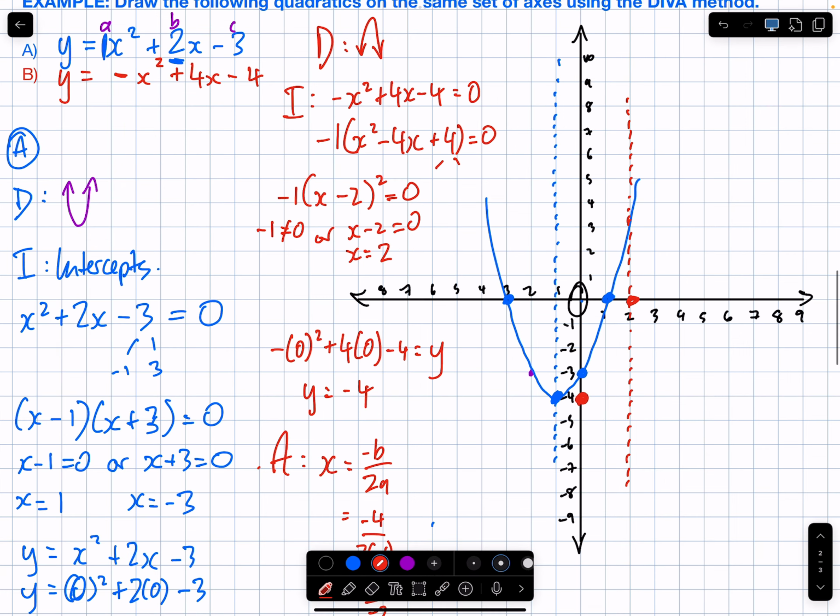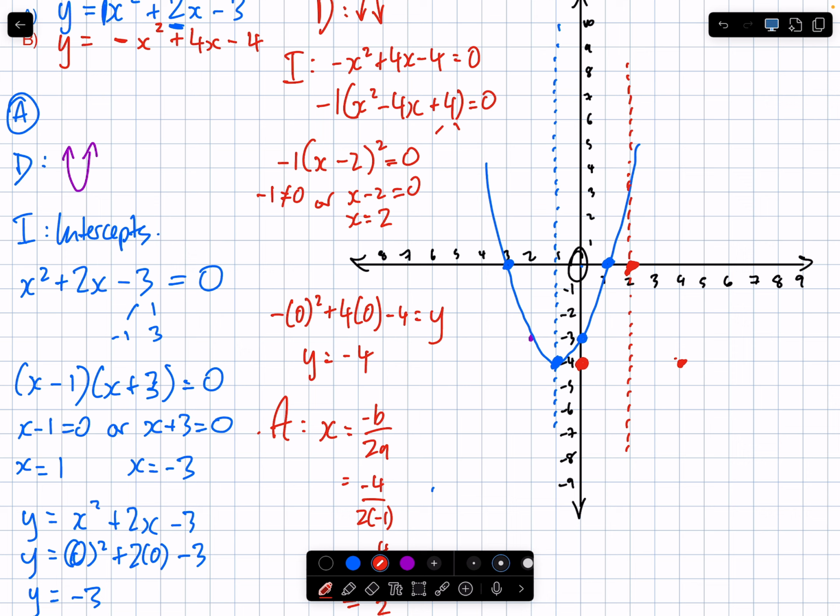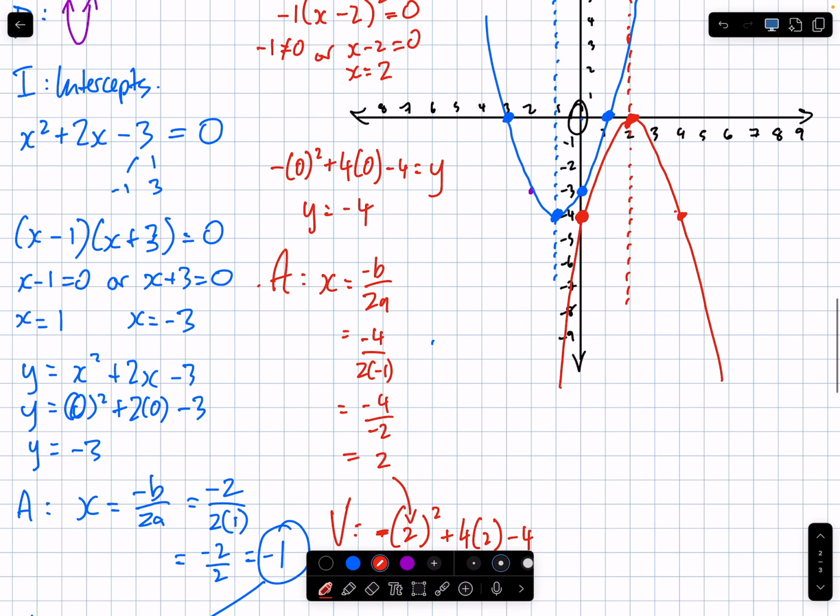Doesn't that double confirm that the vertex should be touching at that point? So you've got a quadratic that touches there. Just try to draw it as curved as you can. That's too V-shaped. Something like that. Okay? That's DIVA.